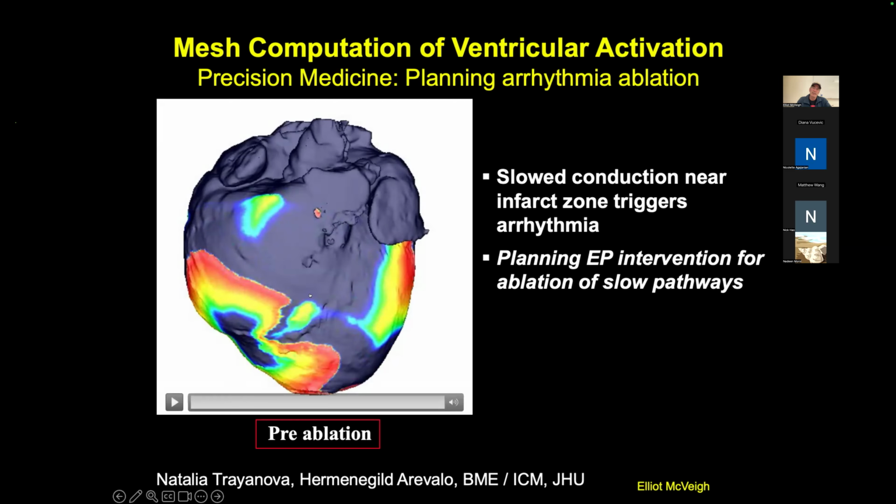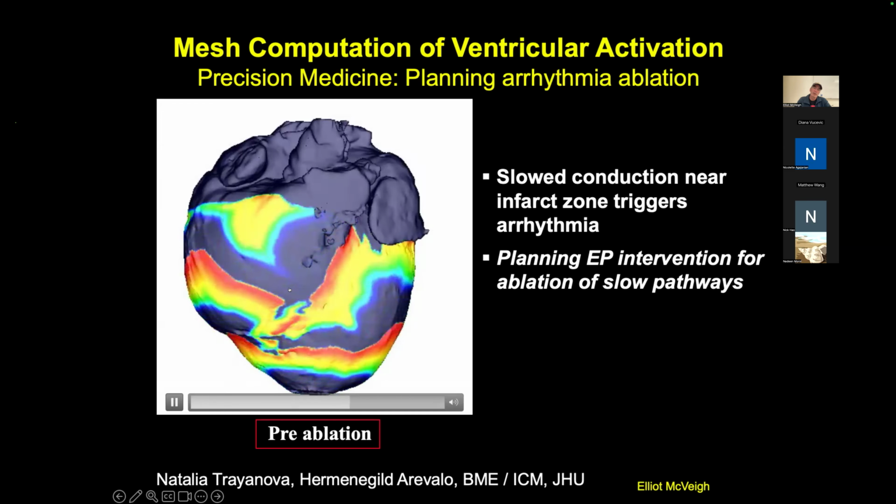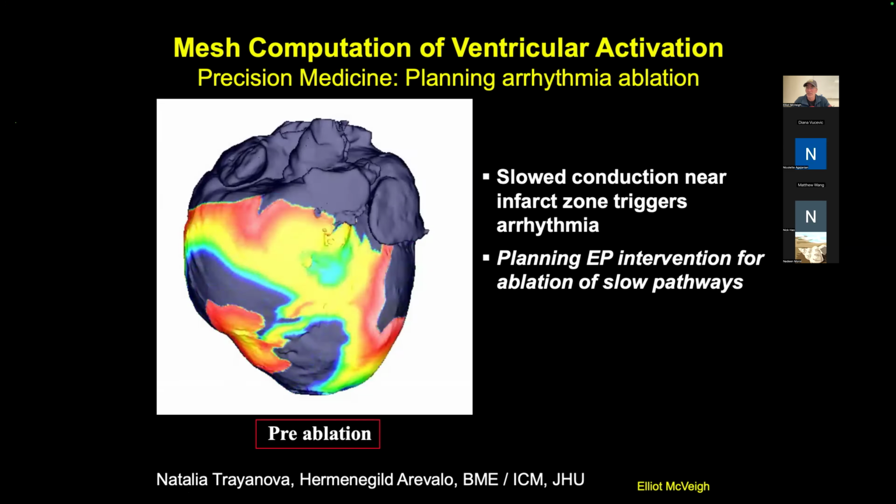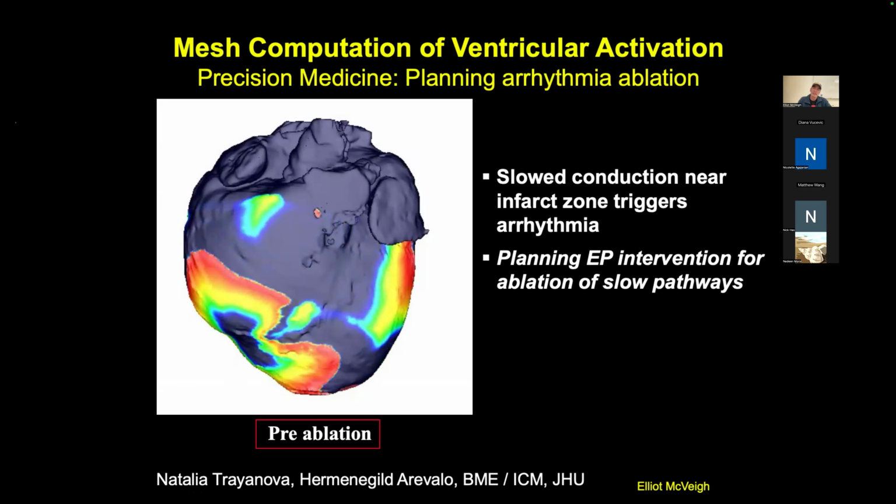What you can do then is say, okay, if we ablate this infarct, if I see my infarct here, we're going to go in here with an RF coil, ablate this entire region. Okay, so that doesn't have any conduction at all, right? And let's see if that can stop the initiation of this, essentially, trigger of this arrhythmia.